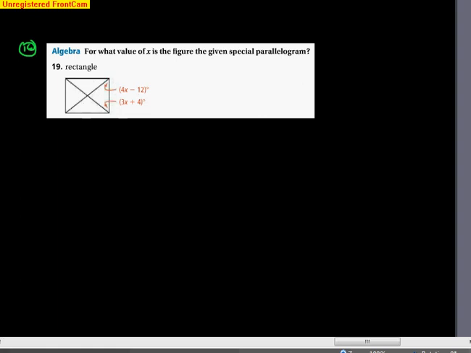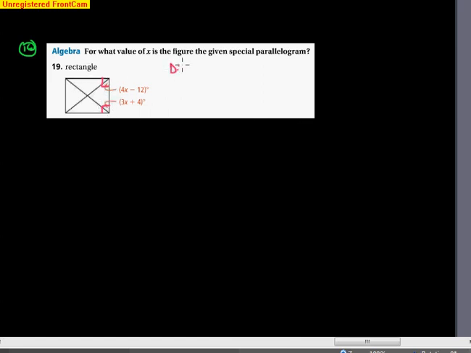And then lastly, for what value of x is the figure a rectangle? Now this is tricky, because if it's a rectangle, then these corner angles are right angles. But notice that these 2 are just the little sliver angles. They're not the entire thing. What do we know about a rectangle?